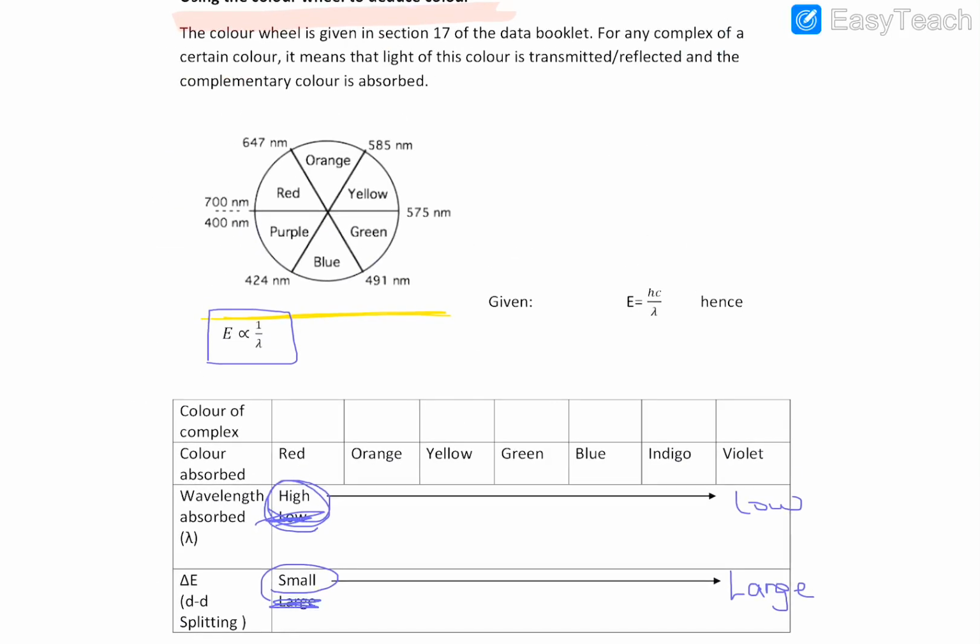So light absorbed of high wavelength is red color. And this means that if the substance is absorbing red color, it is going to be reflecting light of the opposite color. So if it's absorbing red color, it is going to reflect the green color. Hence, the compound is going to appear green. So the color that you see is the color that is being reflected. So here, the color of the complex is going to be green.